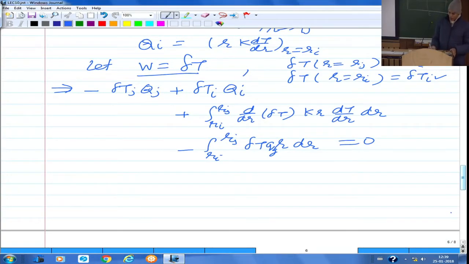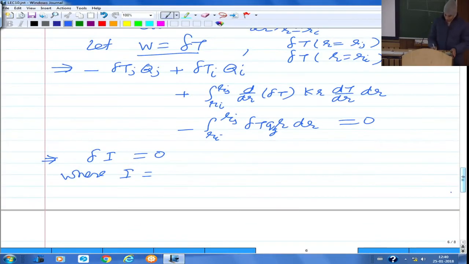We can derive the integral functional out of this the way we did earlier. So now you can say that this is actually delta I equal to 0, where I is the integral functional. See, I am going to take out delta here. These we are not taking as unknowns from the variation point of view, so delta can be just directly taken out. So here I would write that as minus Tj Qj plus Ti Qi.